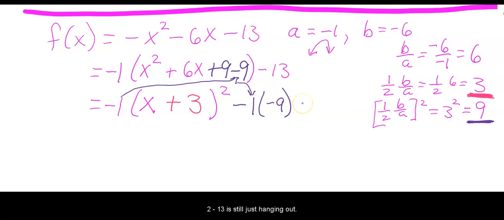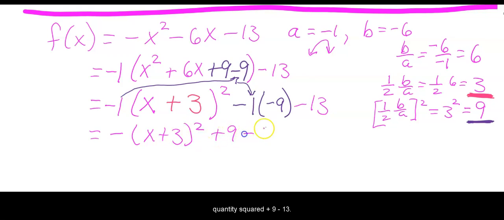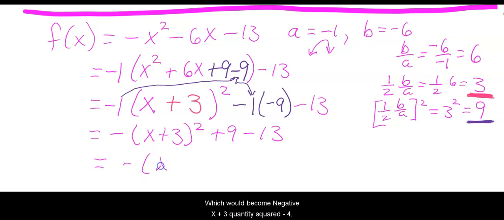The minus 13 is still just hanging out. This gives me, once I simplify it, a negative times x plus 3 quantity squared plus 9 minus 13, which would become negative (x plus 3) quantity squared minus 4.